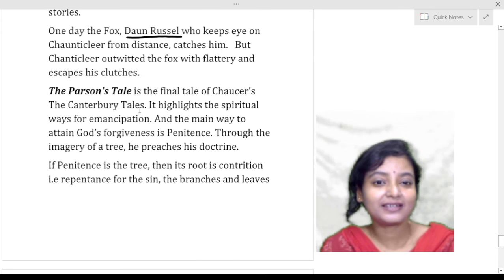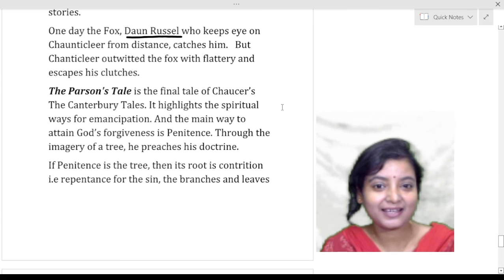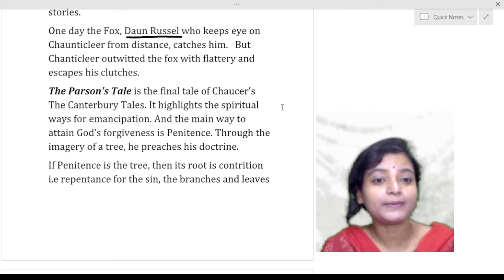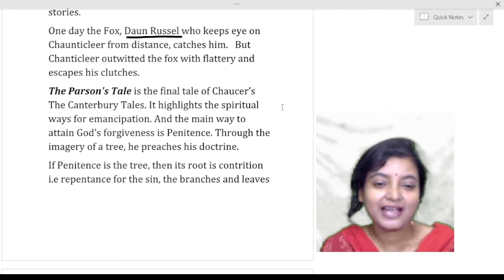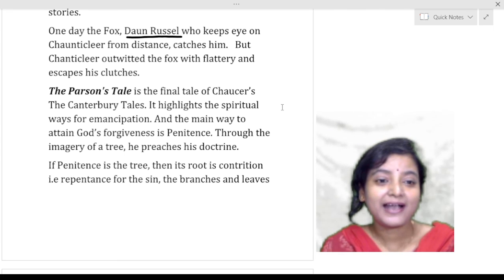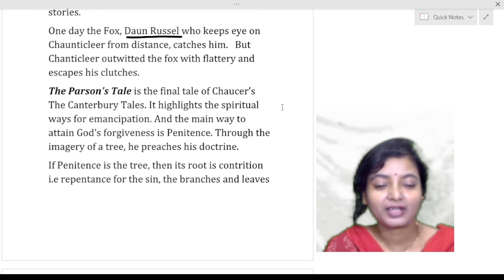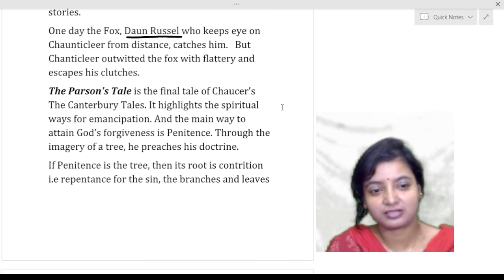The Parson's Tale is the final tale of Chaucer's The Canterbury Tales. It highlights the spiritual ways of emancipation, and the main way to attain God's forgiveness is penitence. Through the imagery of a tree, he preaches his doctrine.